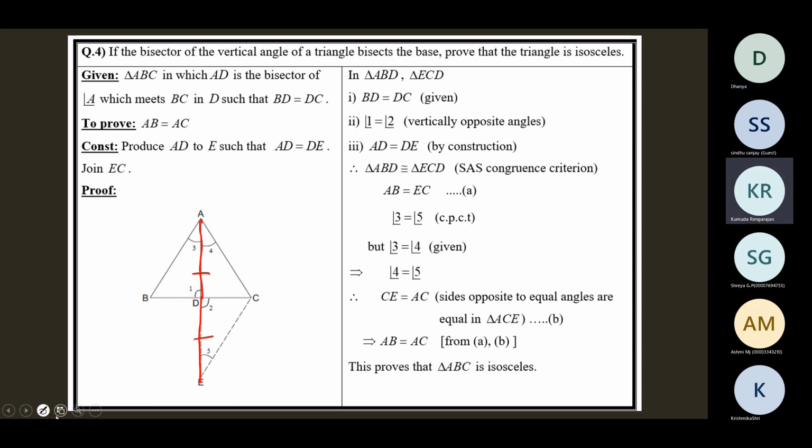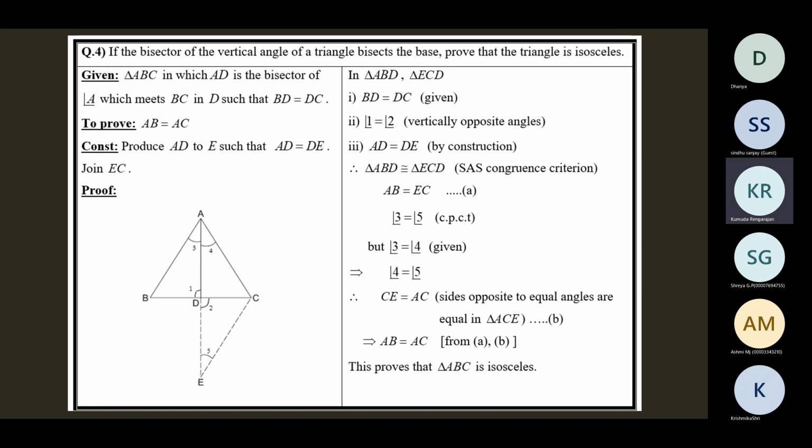Okay, now I'm trying to explain what this construction means. When we say construction, we are including some more information in the given figure, which is possible to be done, and which all of us will agree.